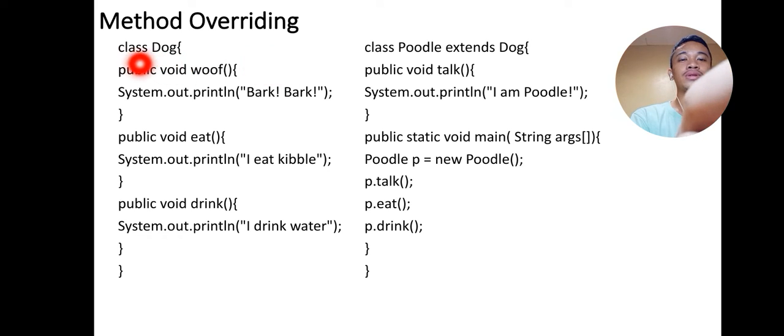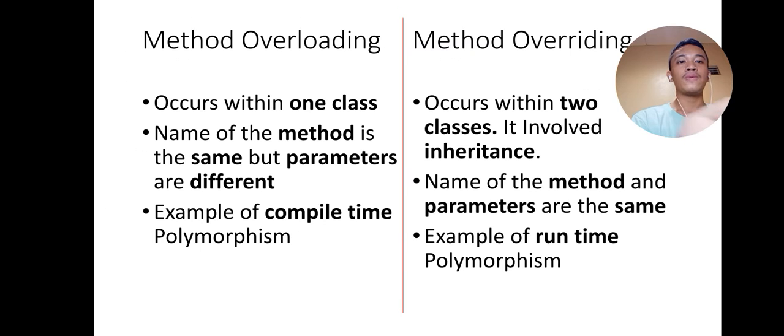So it involves obviously two classes, the parent class and our subclass or the child class. And it involves inheritance. So this means extends. With the keyword extends, that means inheritance or to inherit. So next we have method overloading.